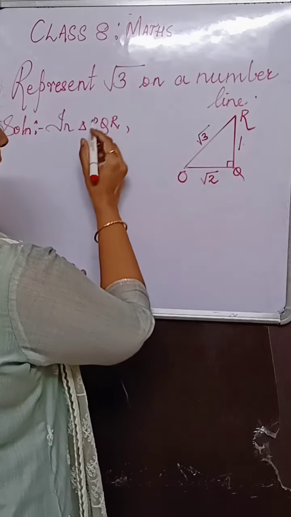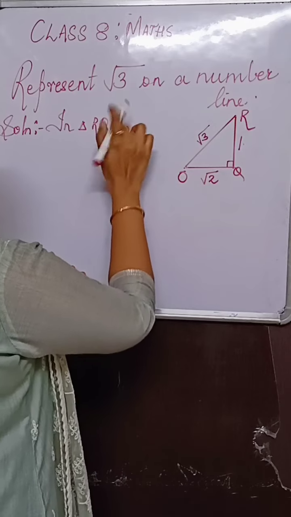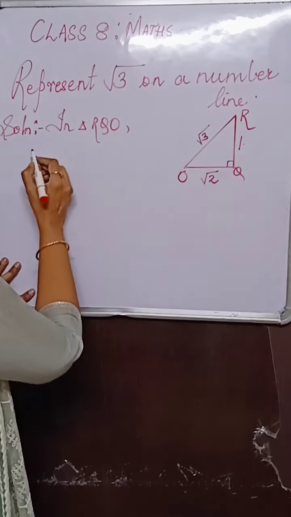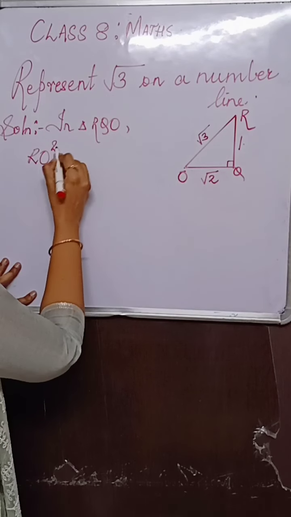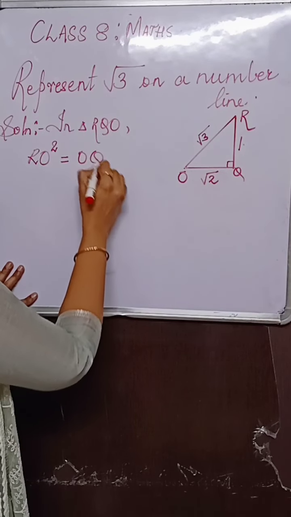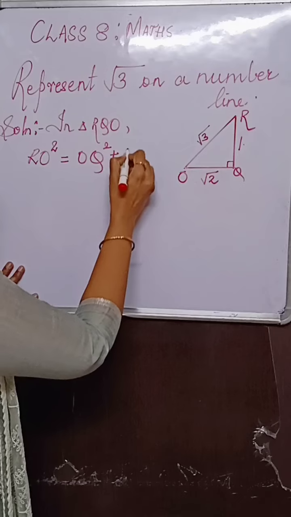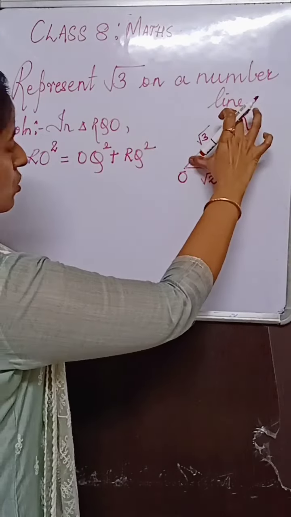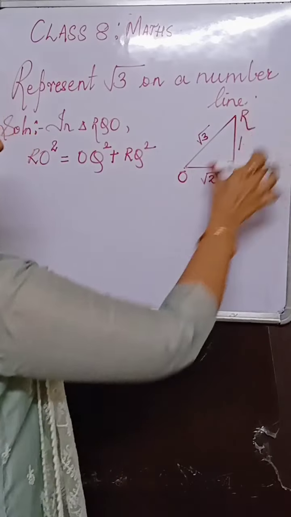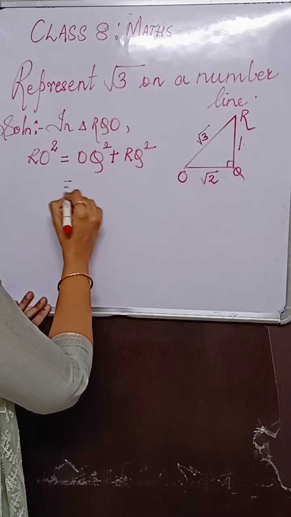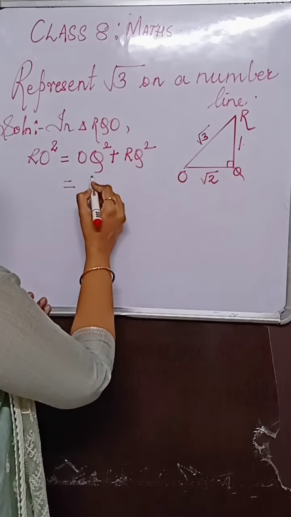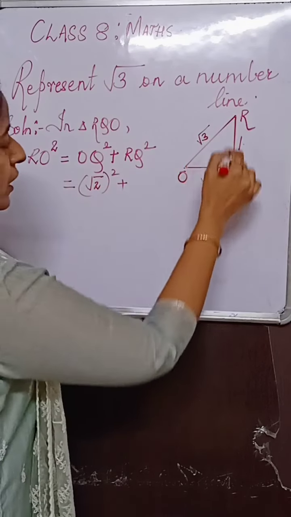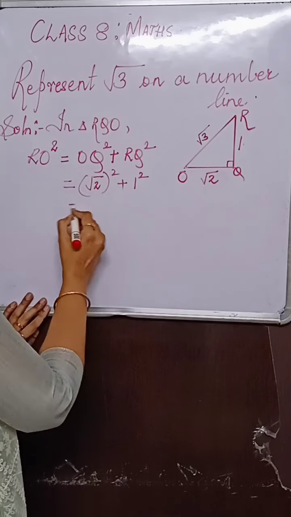In triangle RQO, write down the steps. Name of the hypotenuse is RO. RO square is equal to OQ square plus RQ square. Write along with me. Hypotenuse square is equal to one side square plus other side square, which is equal to OQ is root 2 square plus RQ is 1 square.